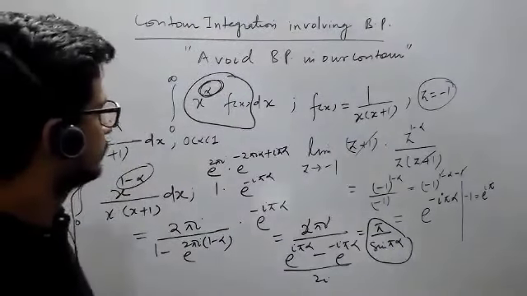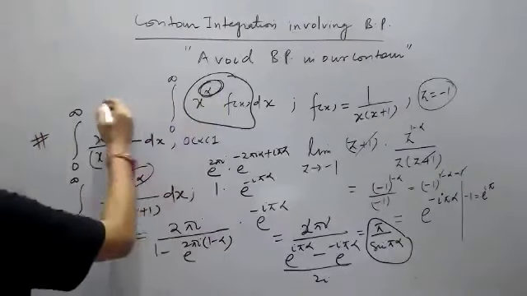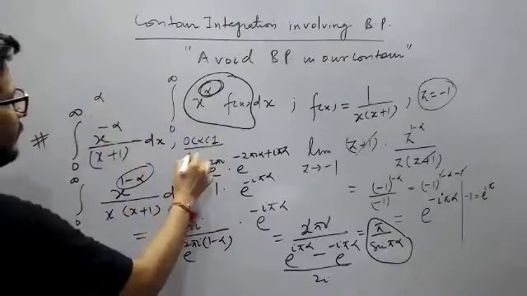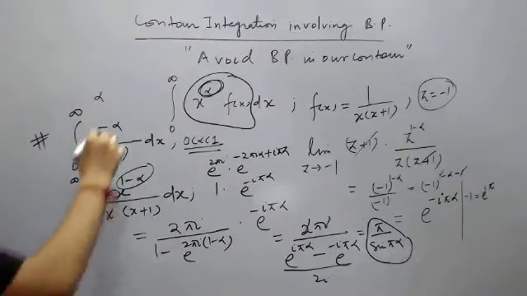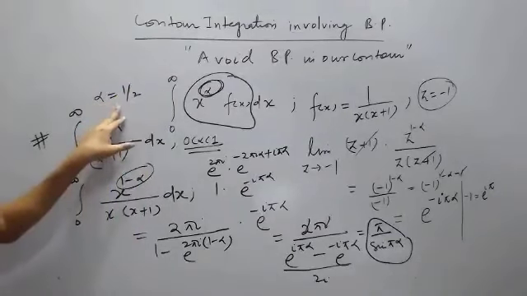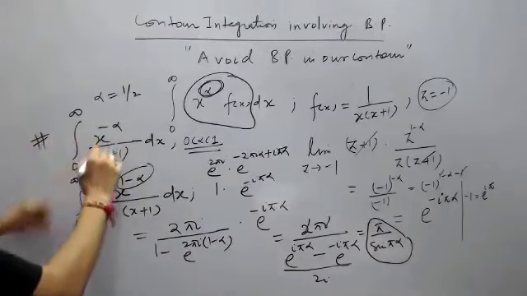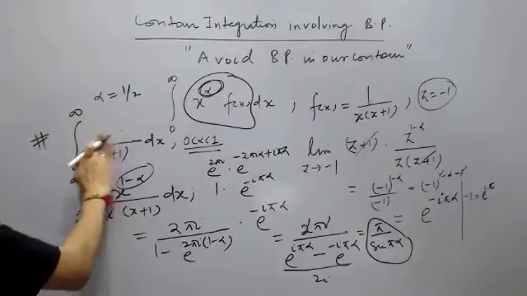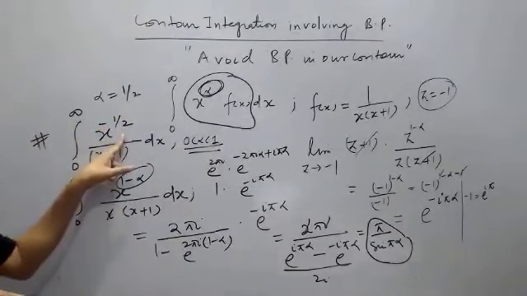Why did we take x to the power 1 minus alpha? Suppose alpha is between 0 and 1. Let us take it half. You agree with this? I can take it half. So what will be written here? x to the power minus half.